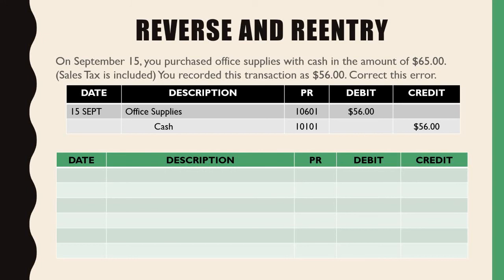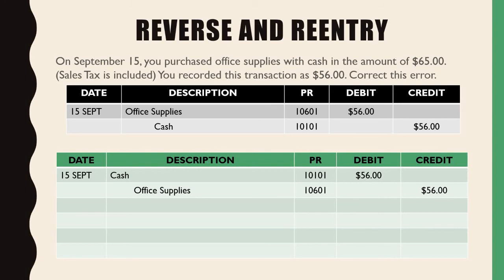So how are we going to reverse the transaction? By undoing it. Or in other cases, think of it as if you're returning the product back to the store. If I'm going to return these office supplies, then I should be getting my money back. So that's why this is the reverse part.